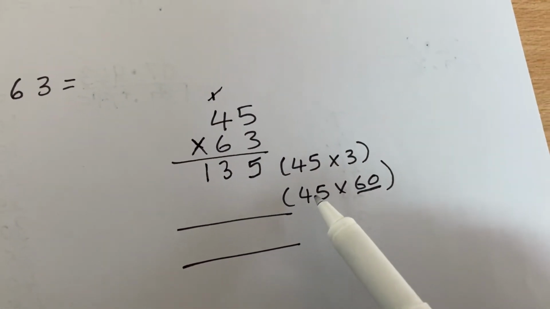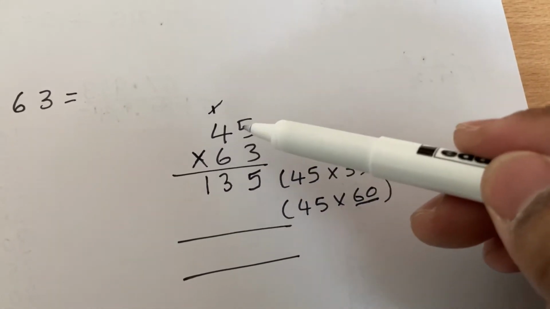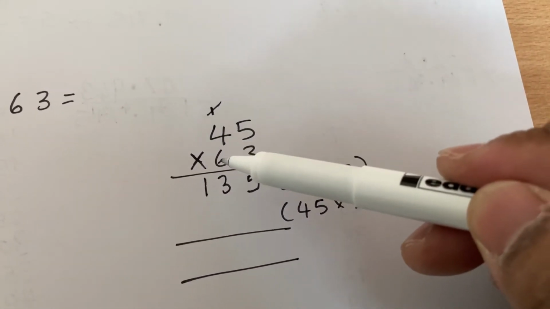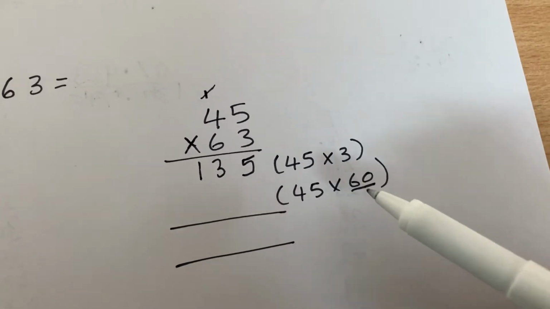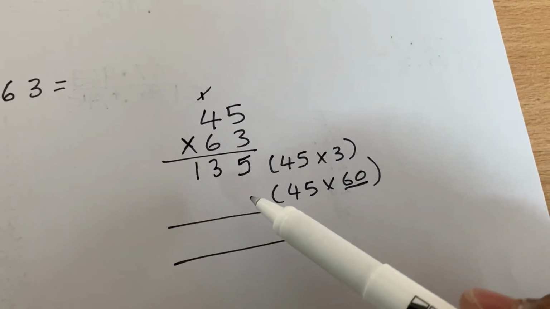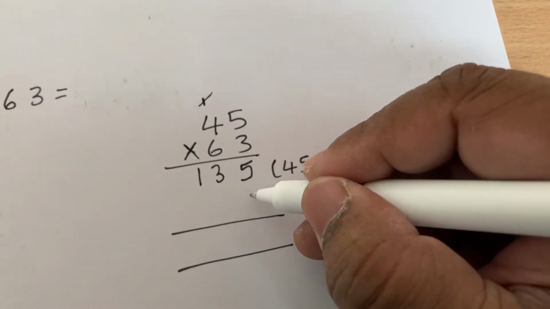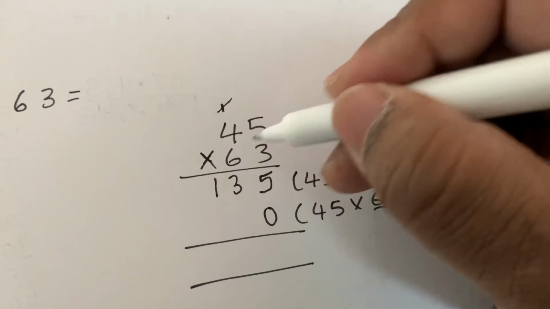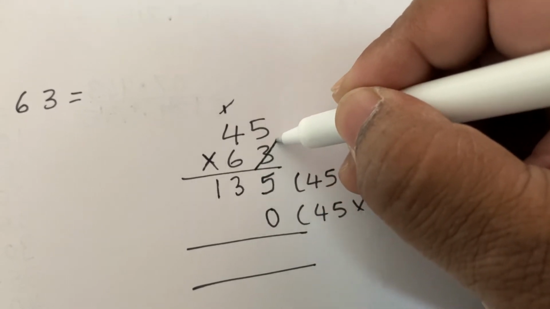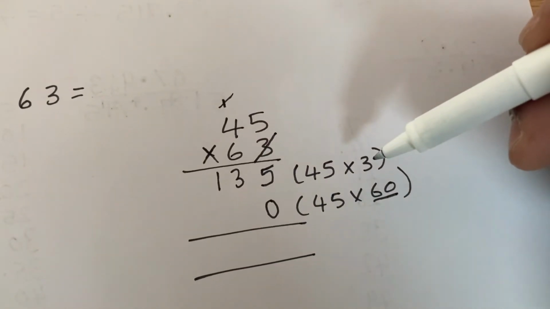Now we're going to do 45 times by 60. 45 times by 6 tens. Remember, 60 is a multiple of 10. So can you remember what you need to start with here? Well done. You need to start with a 0 because you're multiplying by a multiple of 10. And then it's just straightforward. You can cross the 3 out if you want to, just to make it easier for yourself, because we've multiplied by 3 already.